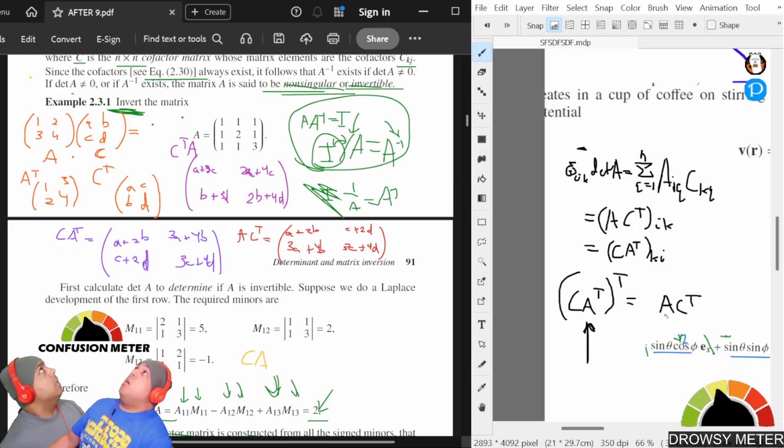CAT, CT. Is that a rule in general? ACT transposed.